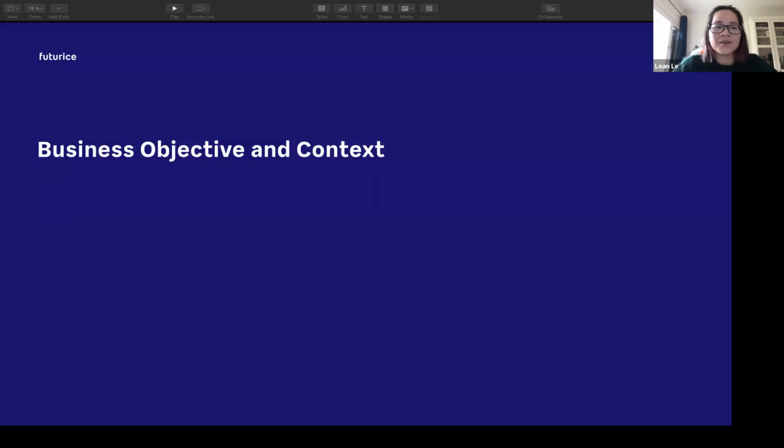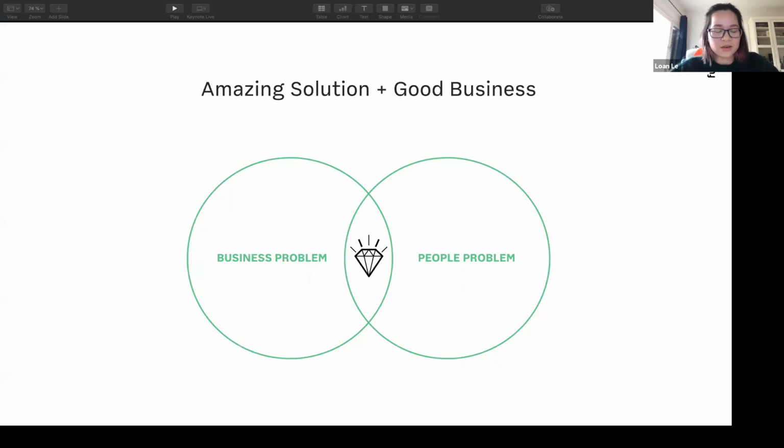So let's start with business objective and context. If you remember the overlapping circle I showed in the beginning, when we create a new product or service, what we aim for is creating an amazing solution and a profitable business. And that is the overlapping spot between business problem and people problem.